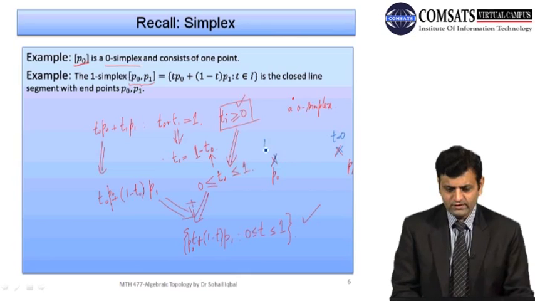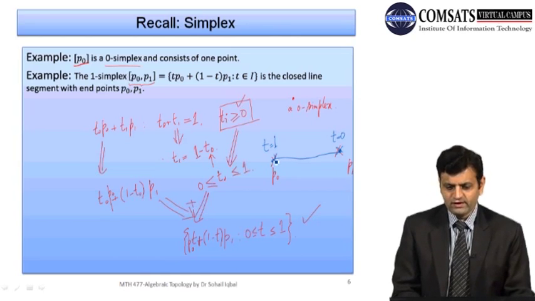So starting from t equal to 0, I will travel towards P0, and that will be the end point. So it's basically a segment from P1 to P0, a segment joining these 2 points, and it is a line segment.